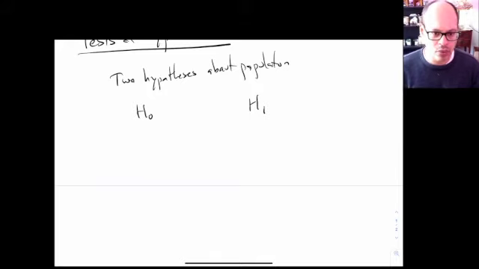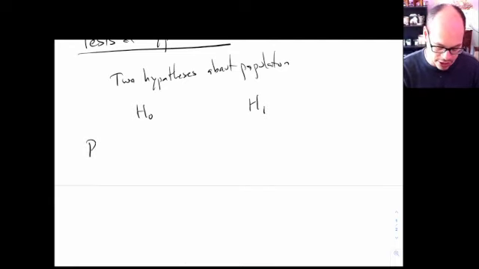What we'd like to do is collect some samples, do our experiment, get our sample variables x1 through xn, and from the results decide on which hypothesis to keep and which to get rid of. Okay, so that's the basic procedure.